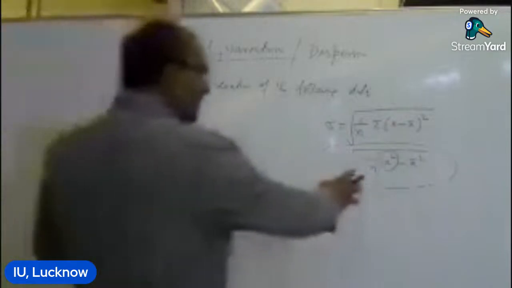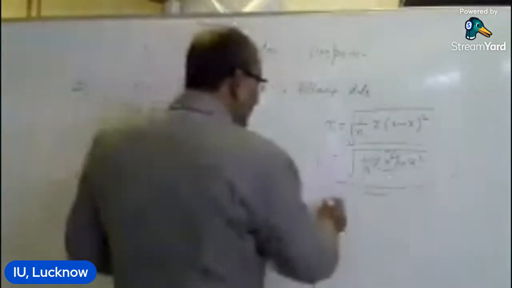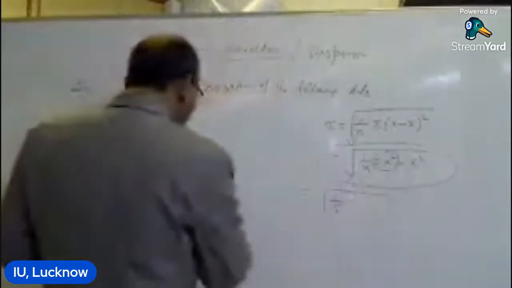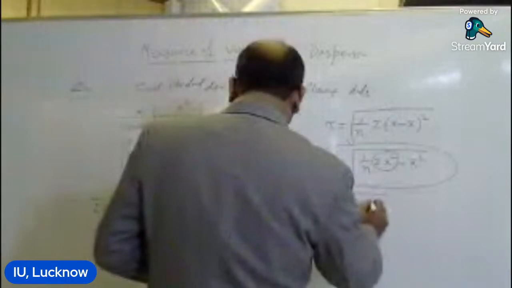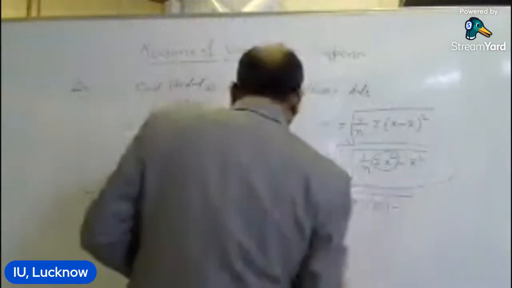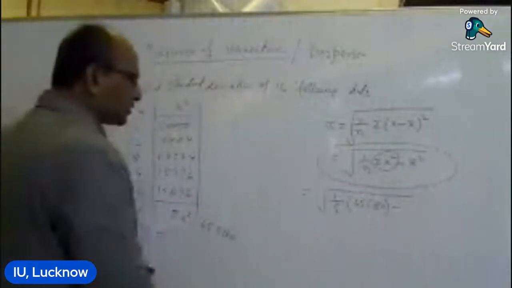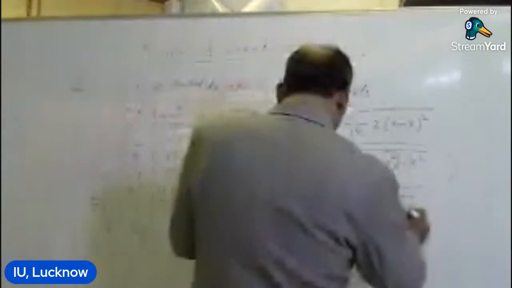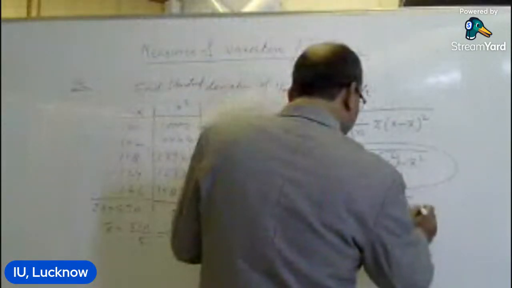Now putting the value, this is the square root of 1 upon n, n is 5, summation x square is 65580, minus x bar square. X bar is 114, the square of this will be 12996.